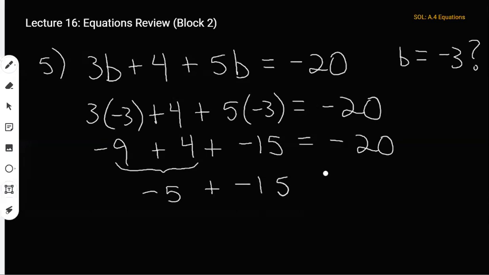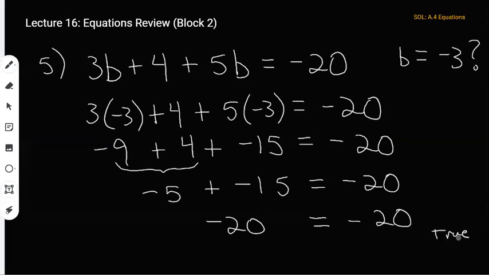Still got the plus negative 15 and the negative 20. And then negative 5 plus negative 15 is going to give you negative 20. So you should get a true statement at the end. And that's how I know it's right.